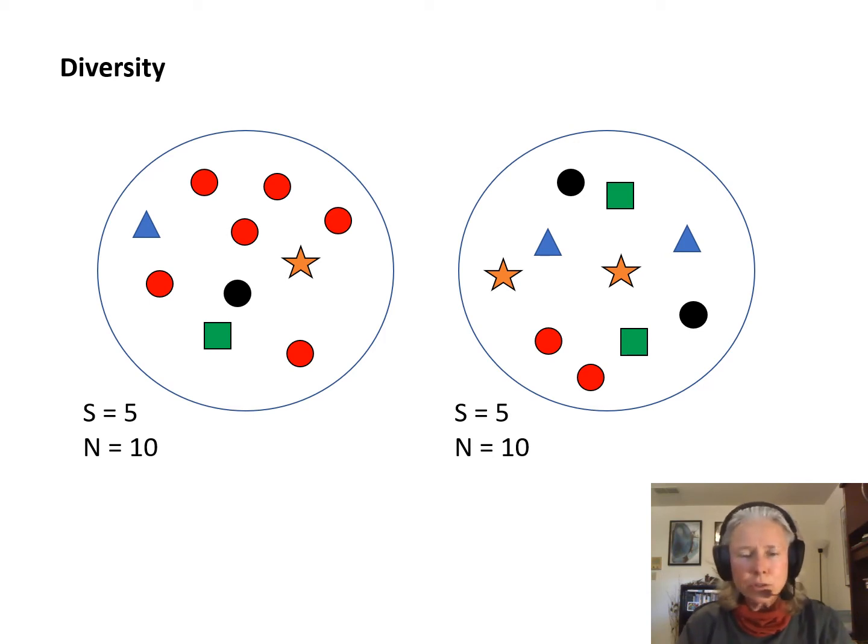But you can see that the two communities are not the same. And so therefore we need something beyond just S, richness, and N, the number of individuals, to denote this difference. We need a diversity index. Assays of just richness or total abundance would not accurately portray the differences in these two communities. Diversity indices can allow for such distinctions to be detected.